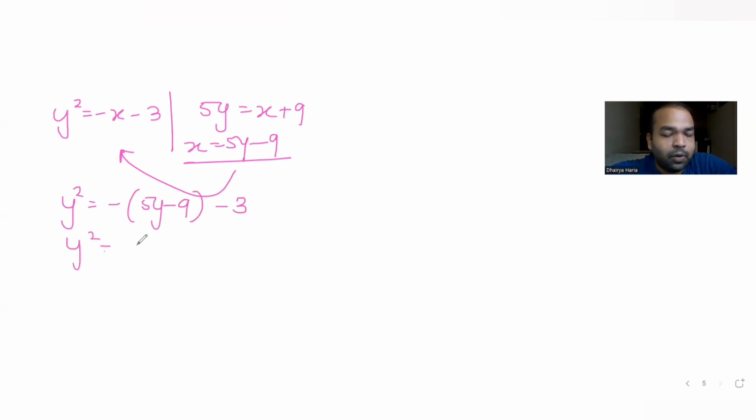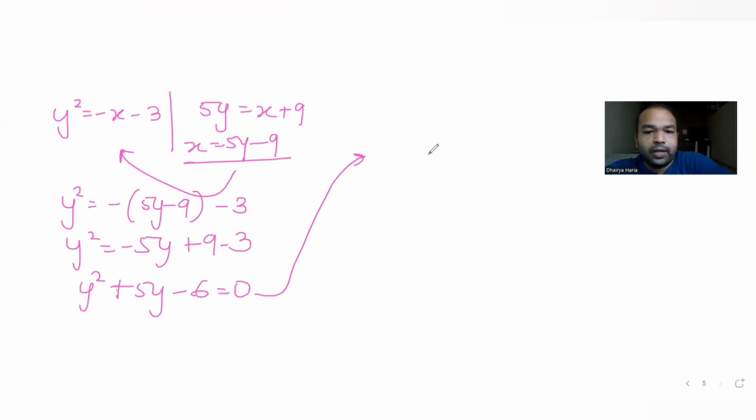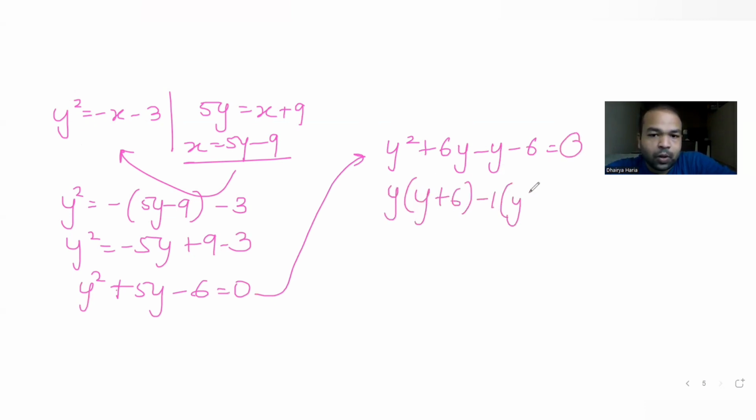So you get y square equal to minus 5y plus 9 minus 3. So y square becomes plus 5y and plus 6 goes here, becomes minus 6. If you solve this, you get y square plus 6y minus y minus 6 equal to 0. y common, y plus 6 minus 1, y plus 6. So you get this as y equal to 1 and y equal to minus 6.